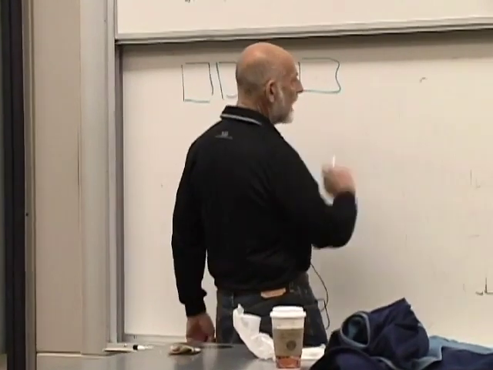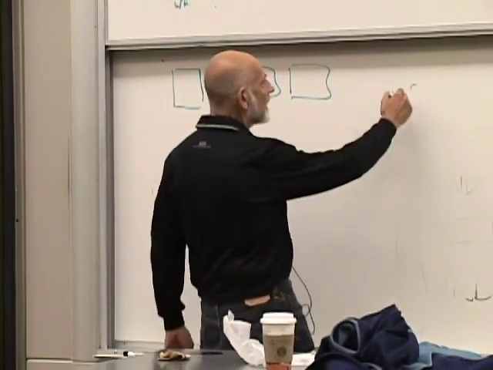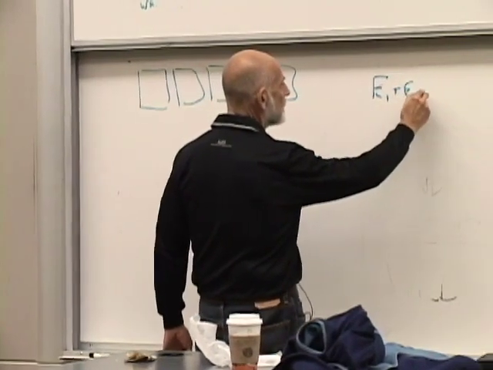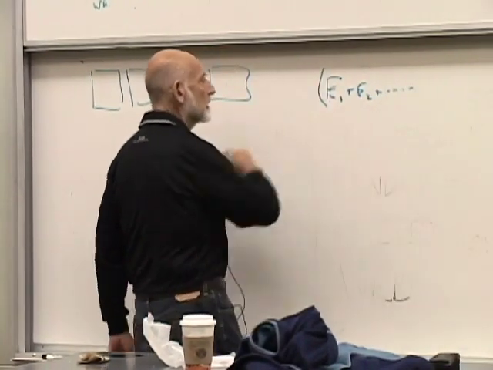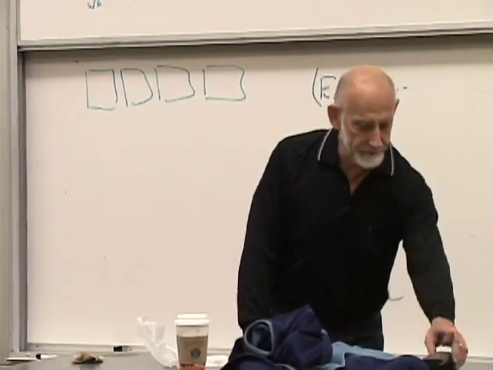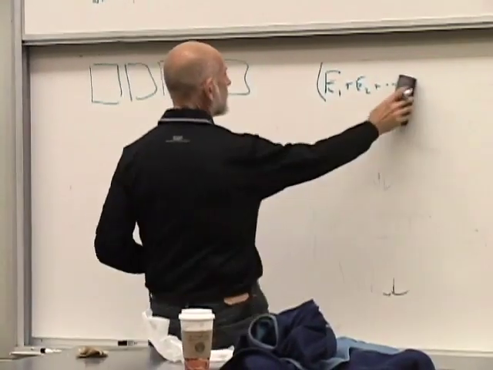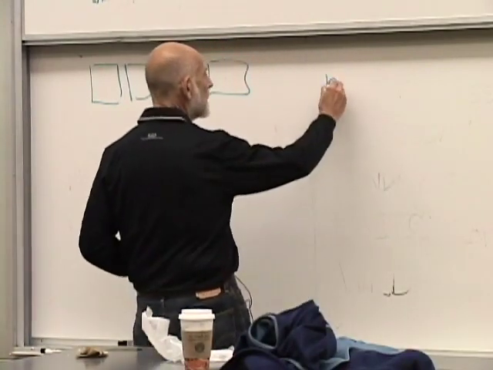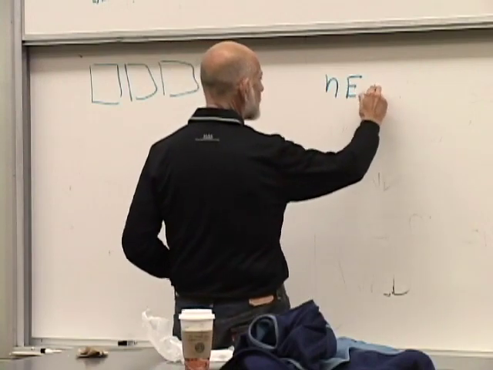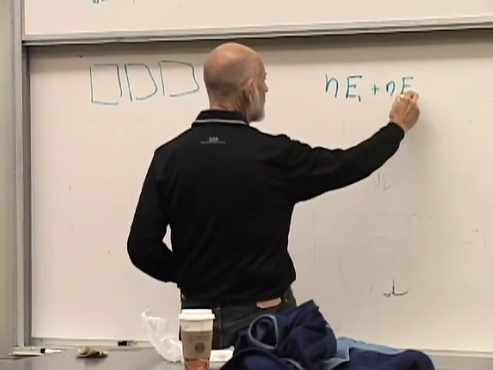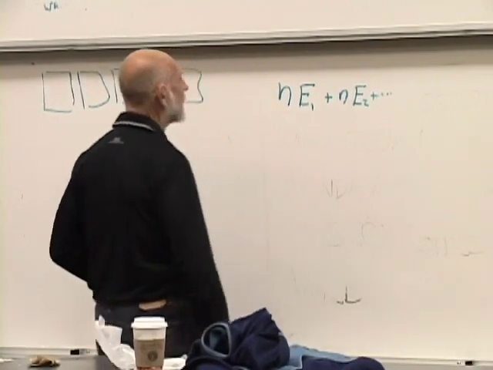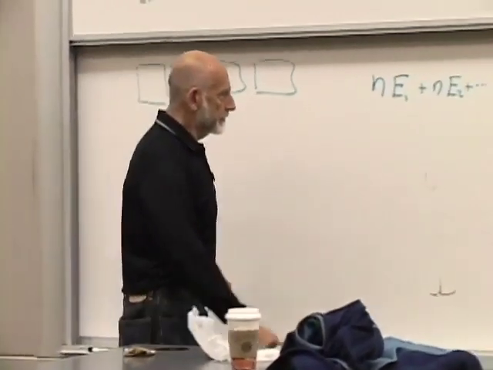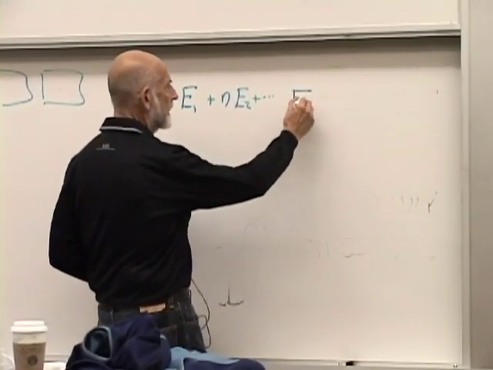So I want to write that the number of boxes with energy E1 plus the number of boxes with energy E2 and so forth all add up to the total energy of the system, E total.